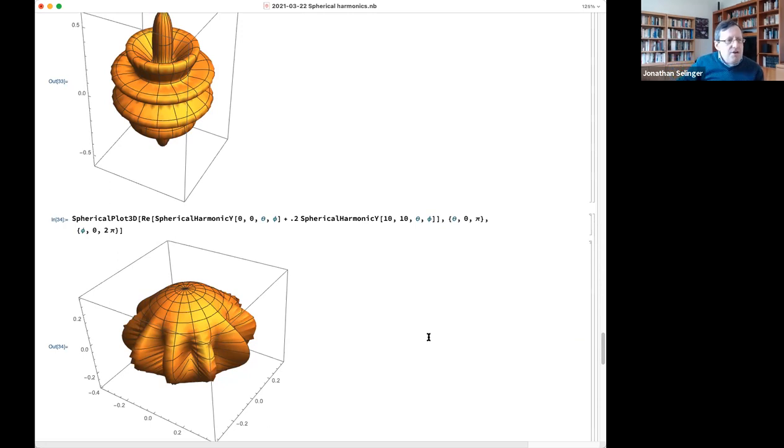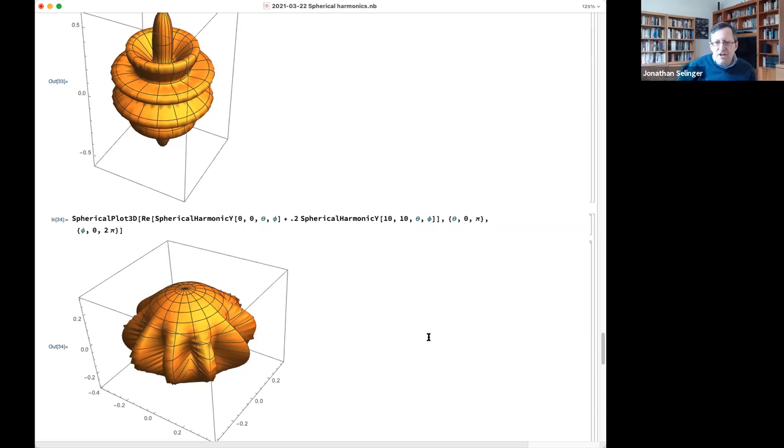And so by combining different spherical harmonics, you can get to any variation that you like. Whatever is the shape of the planet, you could describe it by having a whole series of spherical harmonics. So not just one or two, but a whole bunch of them.